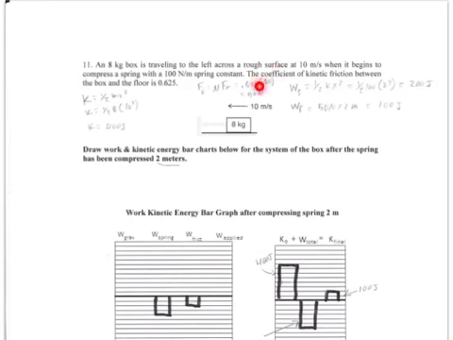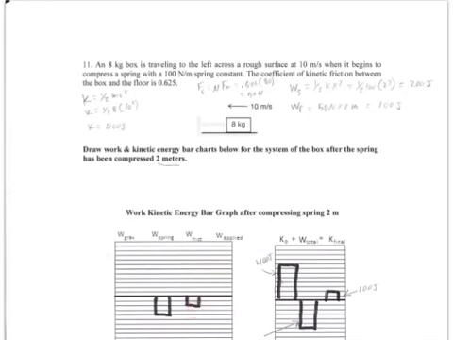So I have 80 times the coefficient of kinetic friction, which is 0.625. That gives me 50 newtons of friction force. If I have 50 newtons acting across a distance of 2 meters, that gives me 100 joules of negative work being done by friction, which is right here.